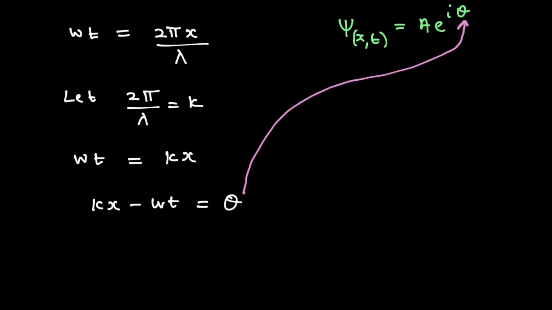So therefore, we get psi x t will be equal to A e to the i open bracket kx minus omega t.